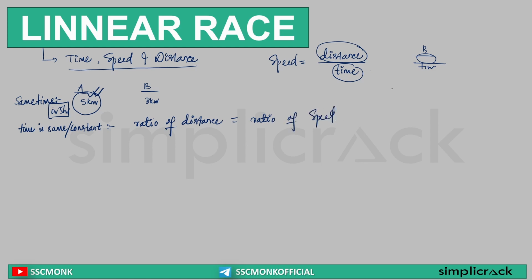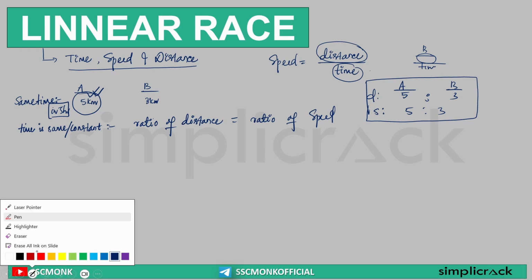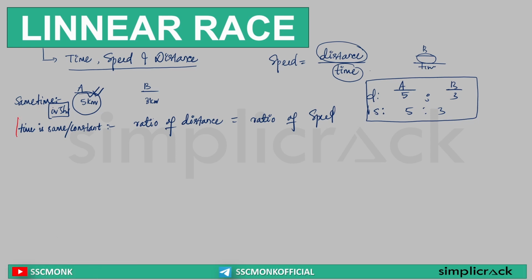That means when I say in 5 hours A runs 5 kilometers, B runs 3 kilometers, this is their distance. So the ratio of distance is equal to the ratio of speed. Clear? This is what I am talking about. Yes or no? Clear? So first thing, you should be able to remember that when time is constant, ratio of distance is equal to ratio of speed.